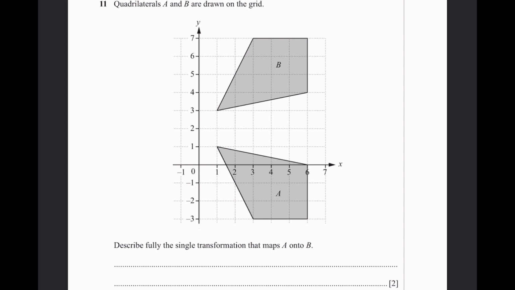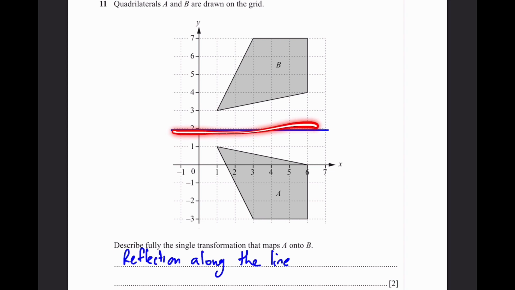So this is obviously a reflection along this line, because these 2 points are the same distance away, 1 unit. So this is reflection along the line. Now what line is this? y is equal to 2. And that's the answer.